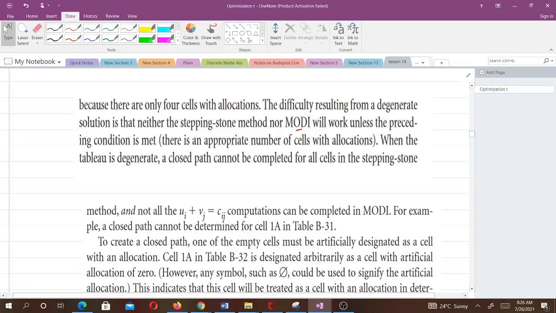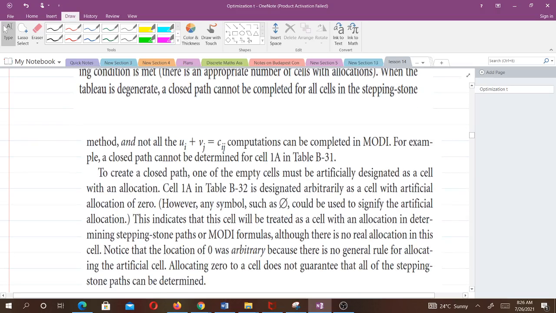For example, a closed path cannot be determined for the cell that we had there. To create a closed path, one of the empty cells must be artificially designated as a cell with an allocation.